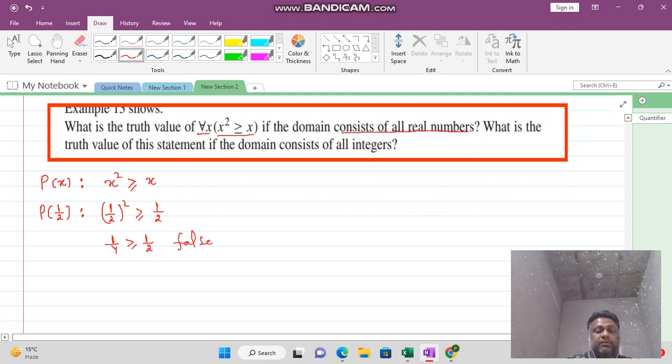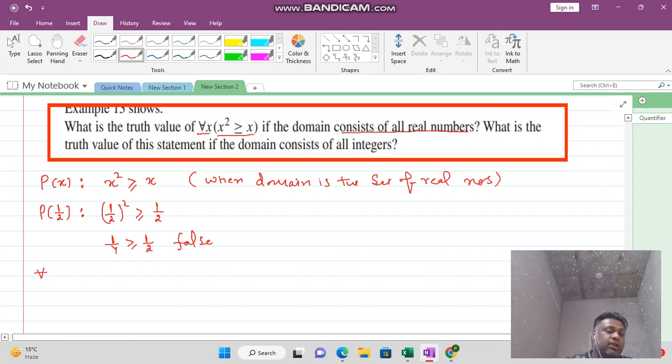This is the case when the domain is the set of real numbers. So "for all x, P(x) is true" is a false statement.